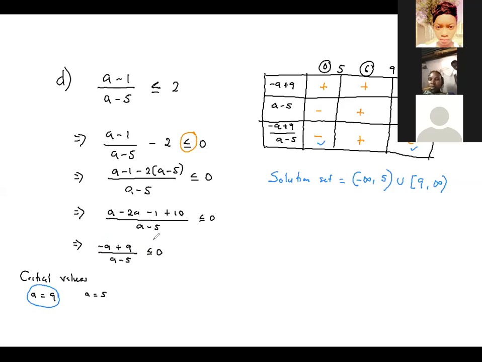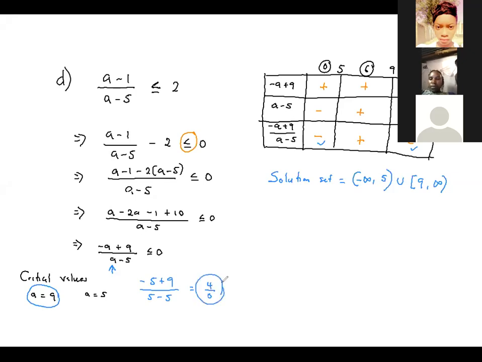Sir, I have a question. You can ask. What's the reason you gave for not including 5 in the solution set? If you include 5, what you mean is that you can substitute 5 there. That is going to be negative 5 plus 9 over 5 minus 5. This will be 4 over 0, and you don't know what this value is because it's undefined.